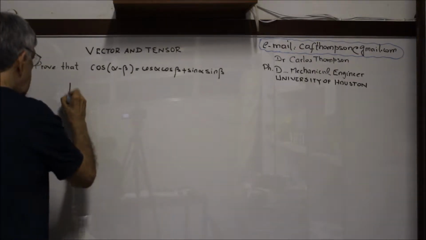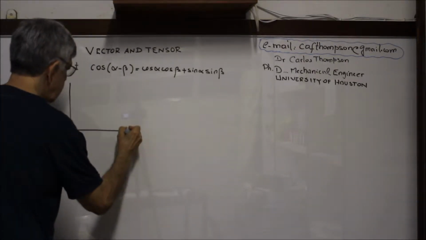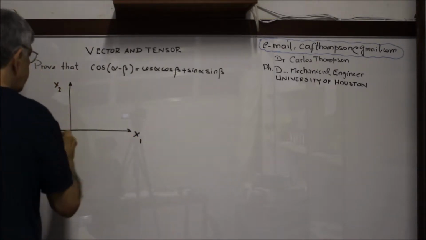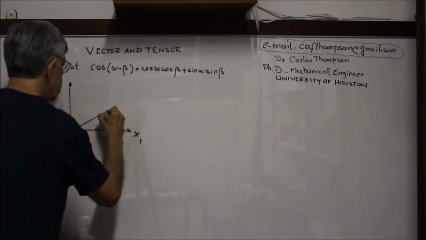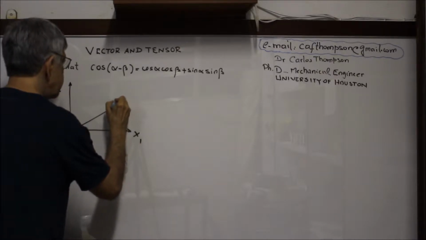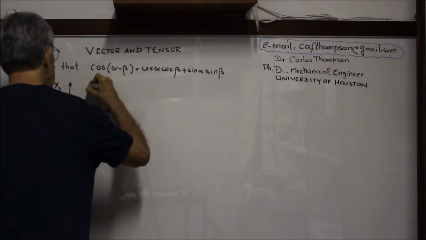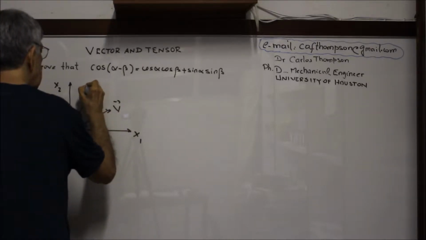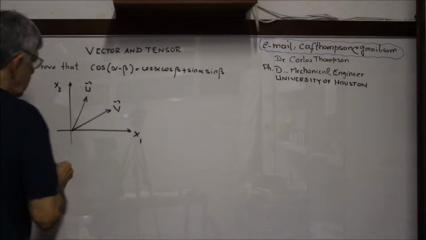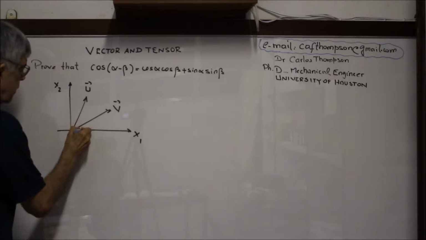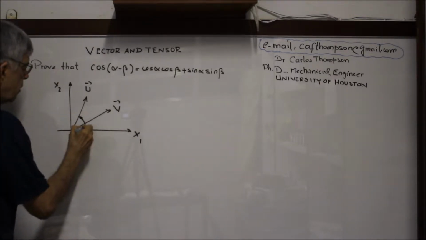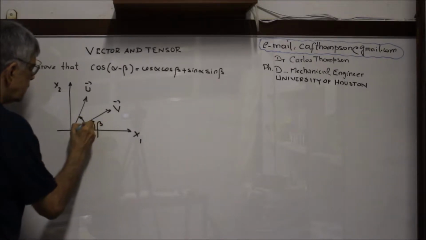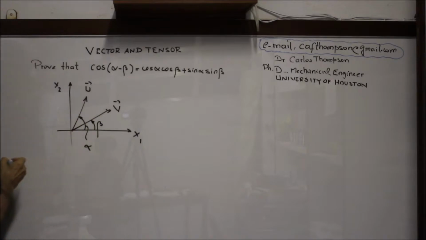Okay, now this is my axis, x1 and x2. Suppose that's a vector v, that's a vector u. This is the angle alpha, this is angle beta. This is alpha and beta.